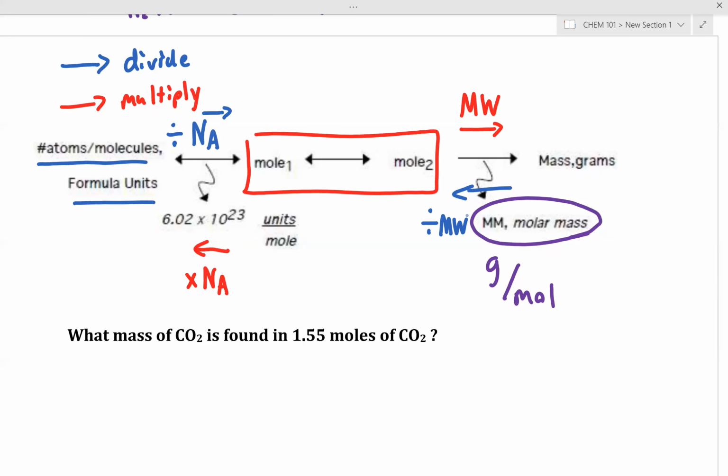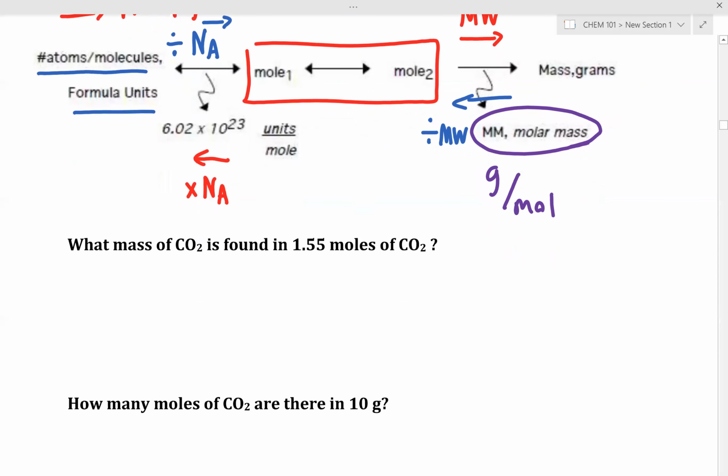So now let's apply this solution map from the perspective of unit analysis. So we're asked what mass of carbon dioxide is found in 1.55 moles of carbon dioxide. Okay, so what units are we starting off from? Moles. So we're starting off from moles of CO2.